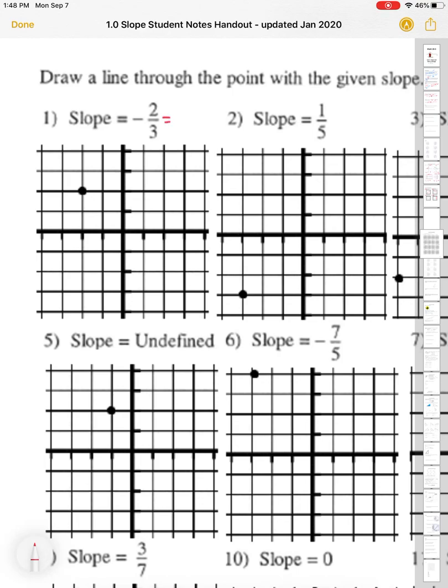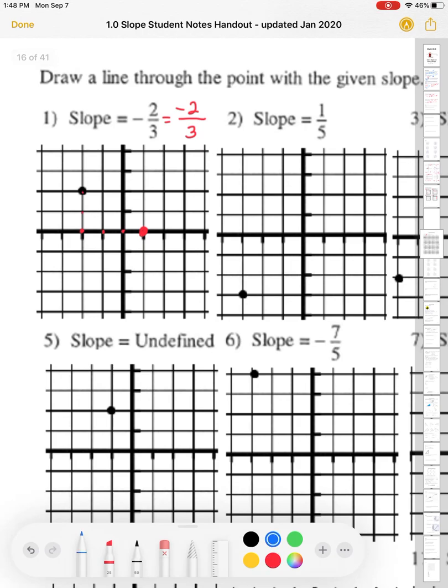Now remember, this is our rise over run. So it would be -2 over 3. If it's negative, that means we count down for our rise because we're going downwards. So we go 1, 2, and then we would count over for our run. 1, 2, 3.